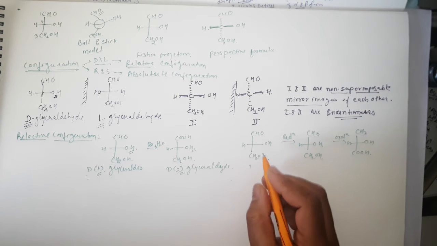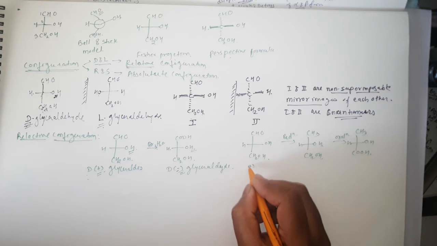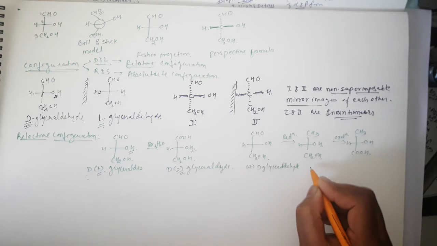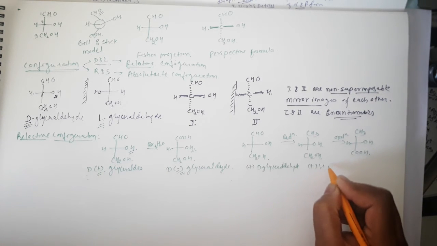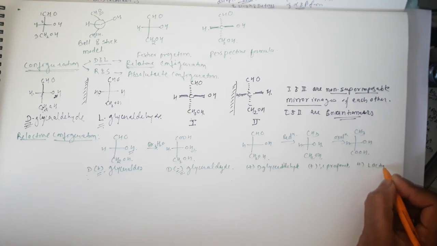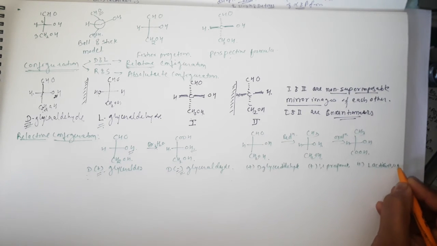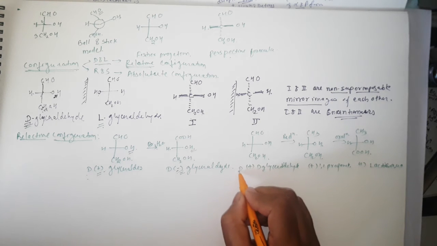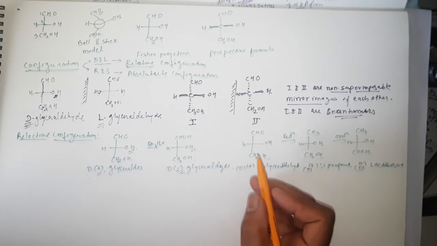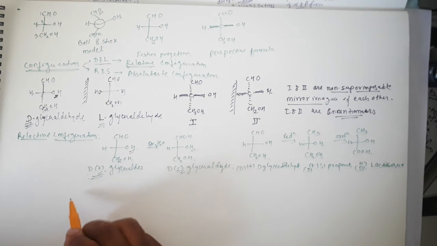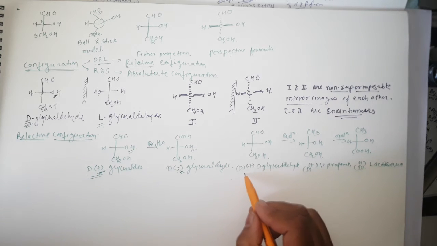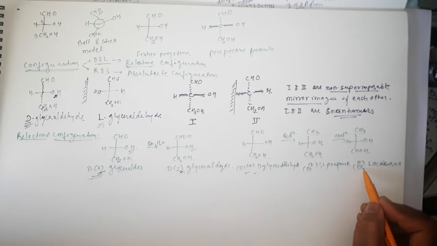So now here this plus D-glyceraldehyde, here is again plus 1,2-propanediol, and here plus lactic acid. So in all three reactions, configurations are D and signs are plus. In the first reaction, D-glyceraldehyde plus sign changes to minus sign. Here in D-glyceraldehyde the plus sign after reaction remains as it is.